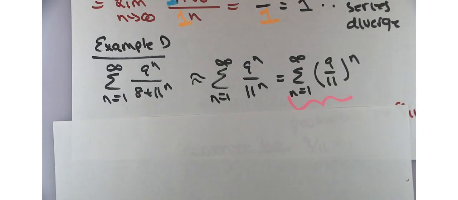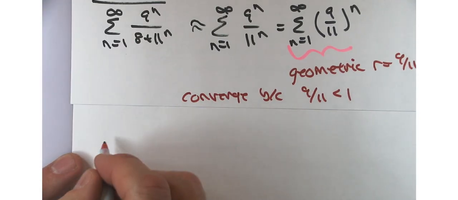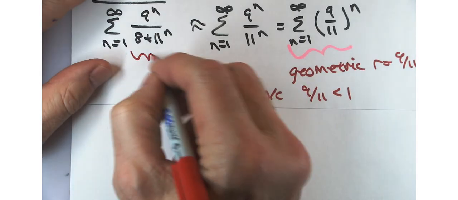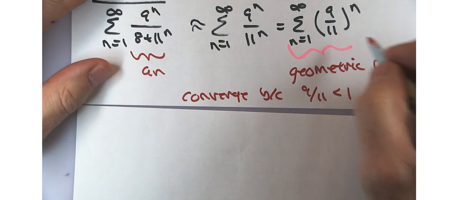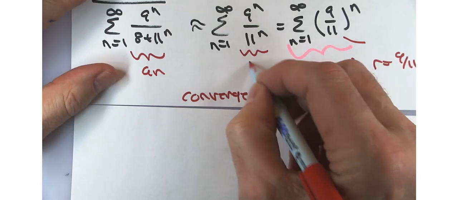Actually, there's not much more to do on that. We can call this one our A sub n, and those will be our B sub n.